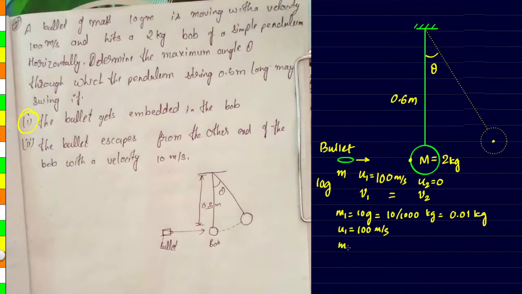Then the mass m2 of the bob is given as 2 kgs. The initial velocity of the bob, because it is stationary, is equal to 0. The final velocity v1 of the bullet and the final velocity v2 of the bob are both equal.